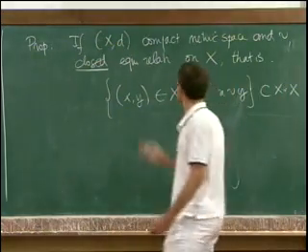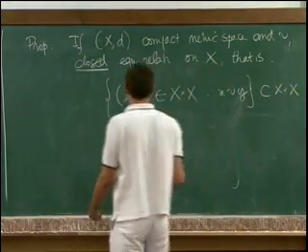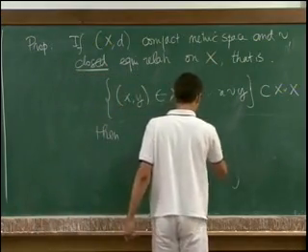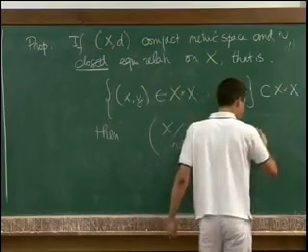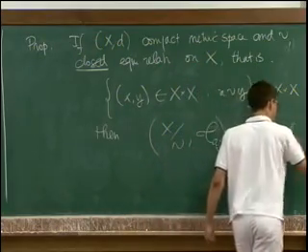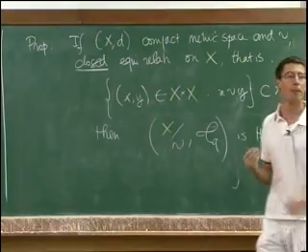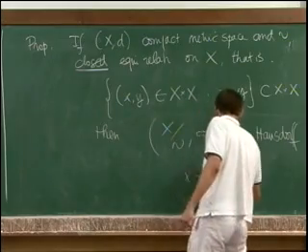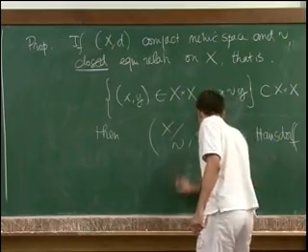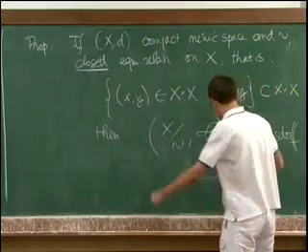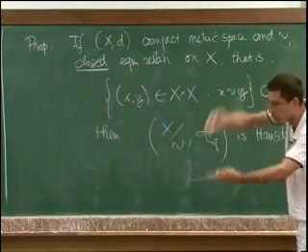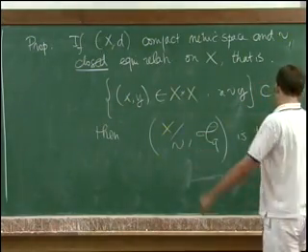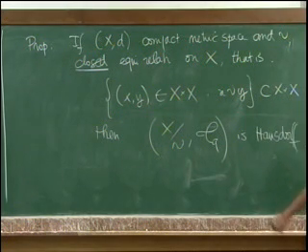So if you have a compact metric space and a closed equivalence relation, then the quotient space with the quotient topology is Hausdorff, so separated, and thus compact, because you have a canonical projection from a compact set, and the image of a compact set by a continuous mapping is compact. Hausdorff and compact.